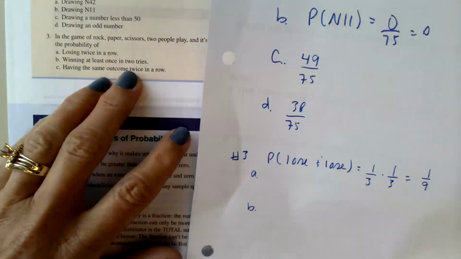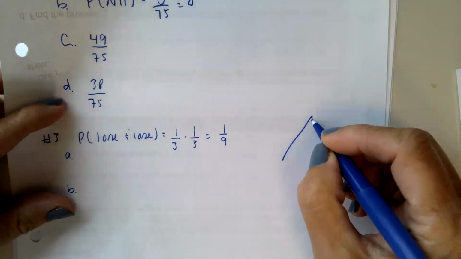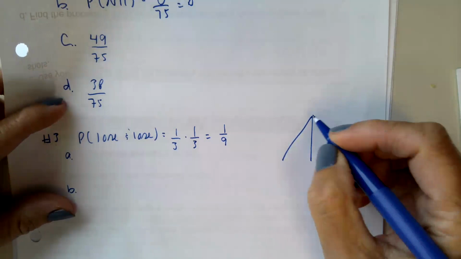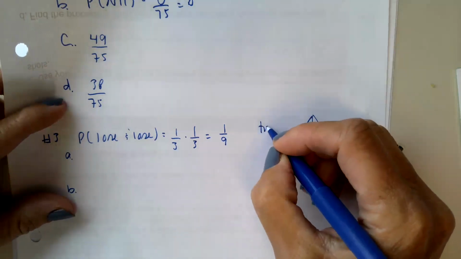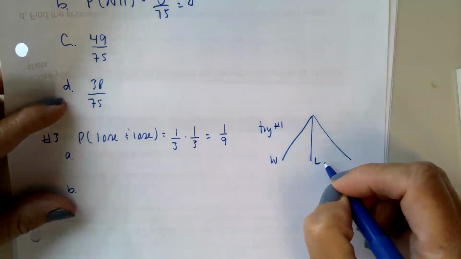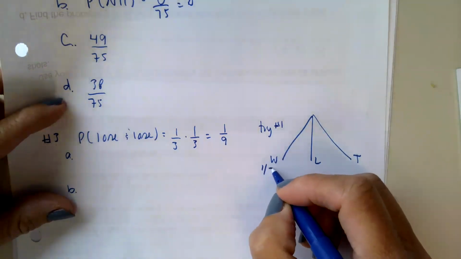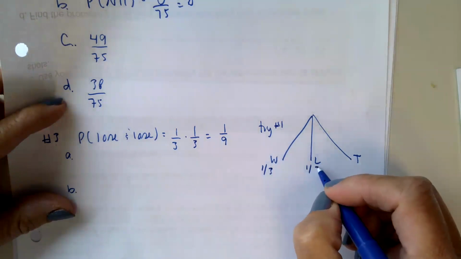So at least once in 2 tries. So 2 tries, I could make a little tree here. So try number 1, I could win, lose, or tie. And they're each 1/3.